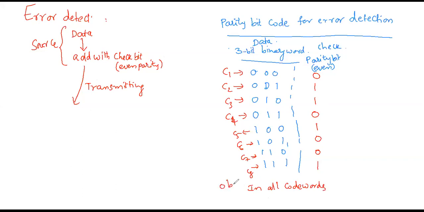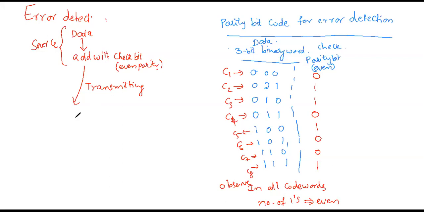Did you observe? Whenever you are using even parity, the number of ones in the code word is even.